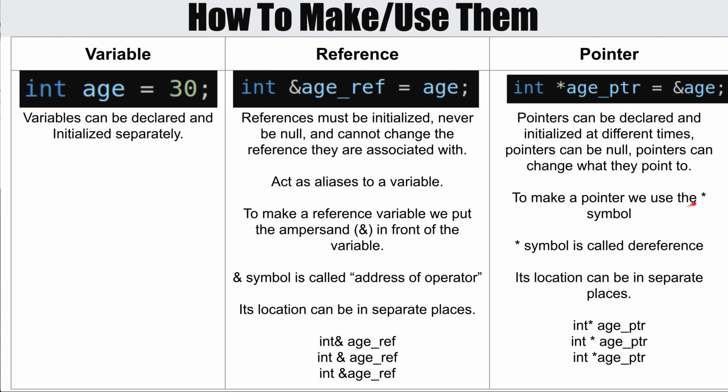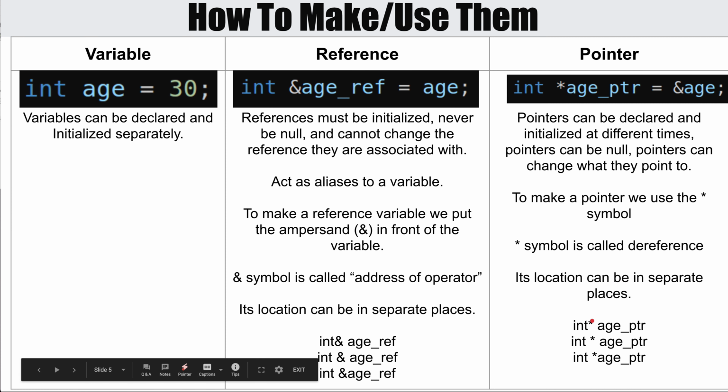Now to make a pointer, we use the star symbol, and the star symbol is called the dereference symbol. We're going to break down why it's called that. Its location can also be in separate places. You can see that it's next to the data type, in the center, or next to the variable. I like putting it next to the variable. You choose how you like it.